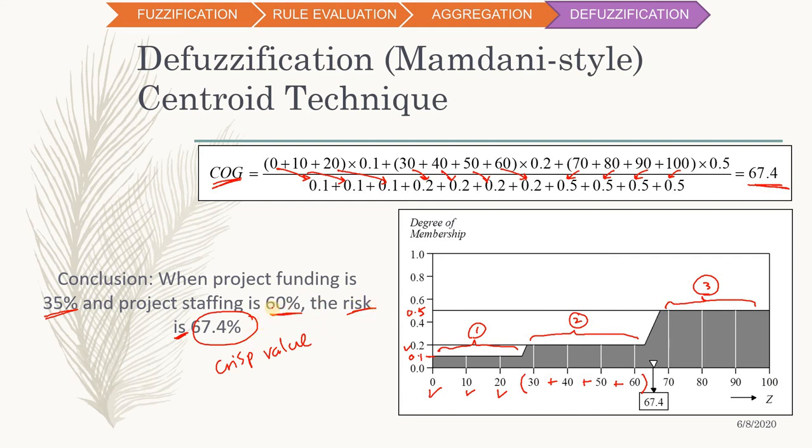Now you get the risk: after you have done the fuzzification process, rule evaluation and aggregation, your risk based on defuzzification is actually 67.4.